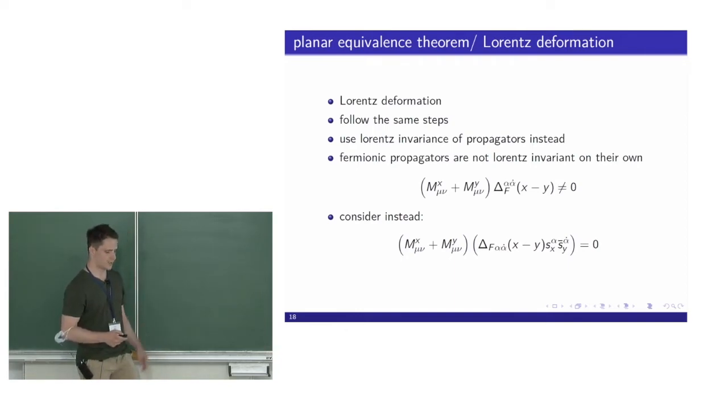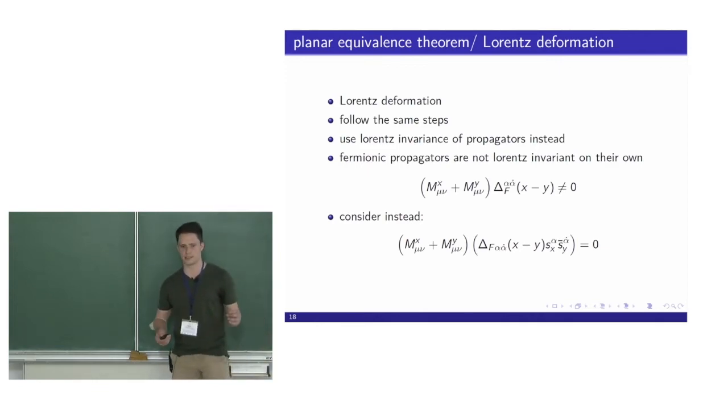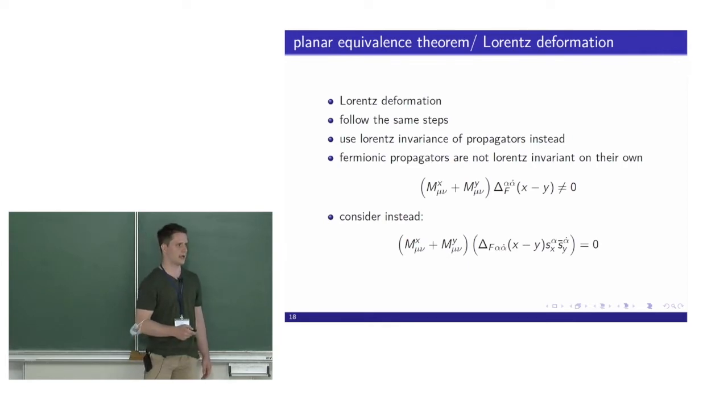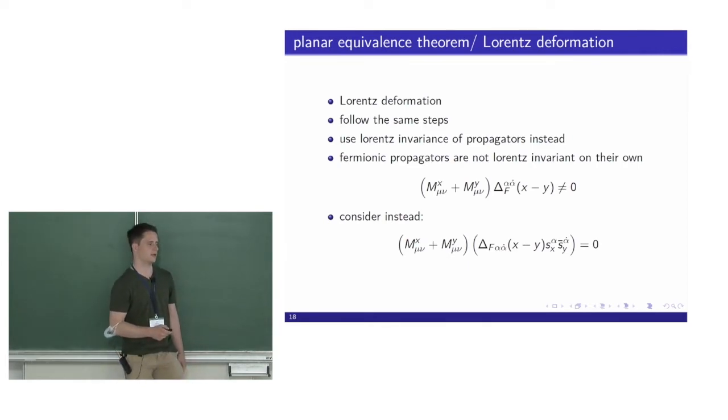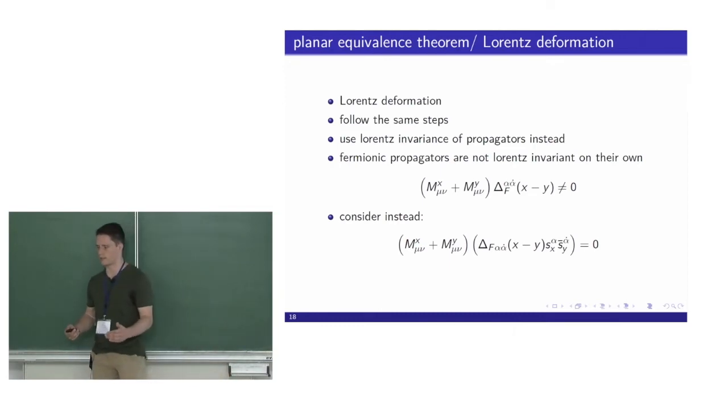But as we did all the time, we need to consider the right objects. Which means we should take into account these basis half forms for the fermions here as well. And when we do this, this object here is again Lorentz invariant. The same we can also do for the vector fields as well.